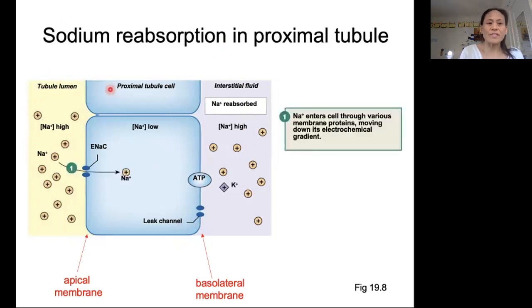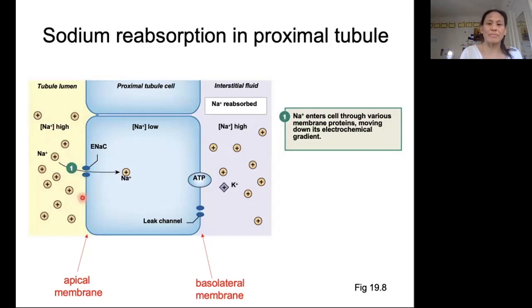So our first step is pretty easy because we just need to follow our concentration gradient, right? We want to cross this apical membrane right here. We do that through a variety of mechanisms. So here we have a leak channel shown, but sodium can also move in through a variety of symport and antiport mechanisms as well.